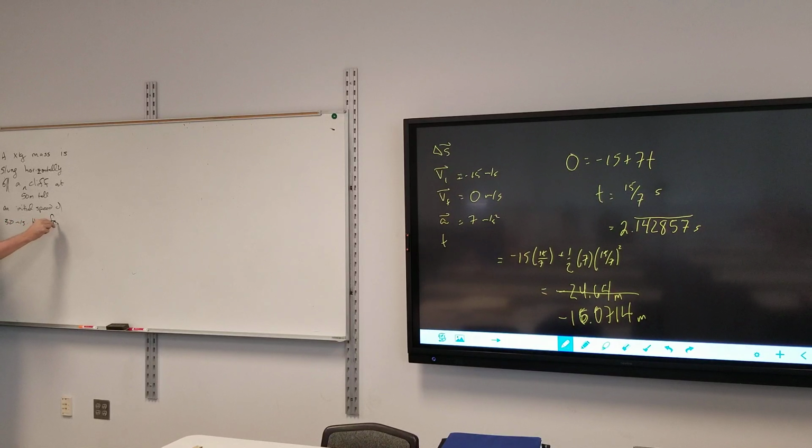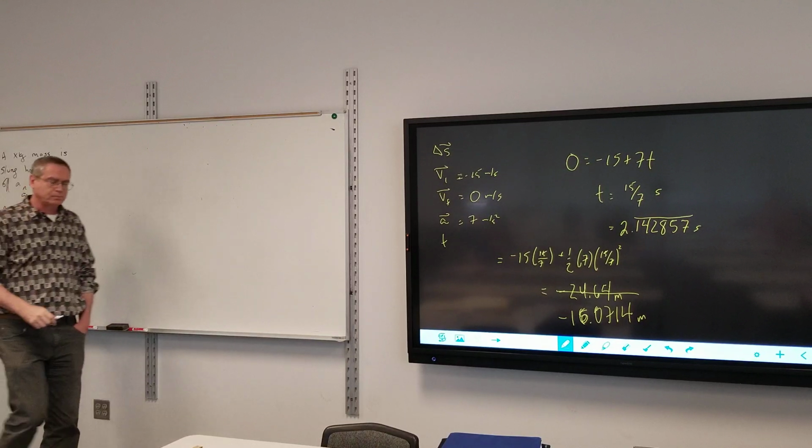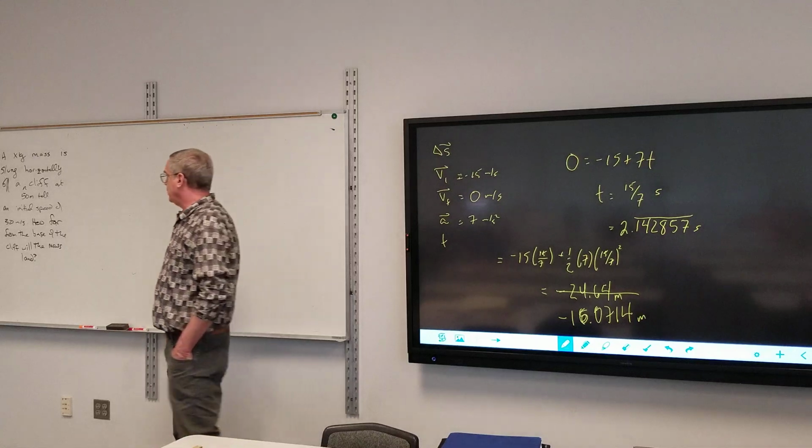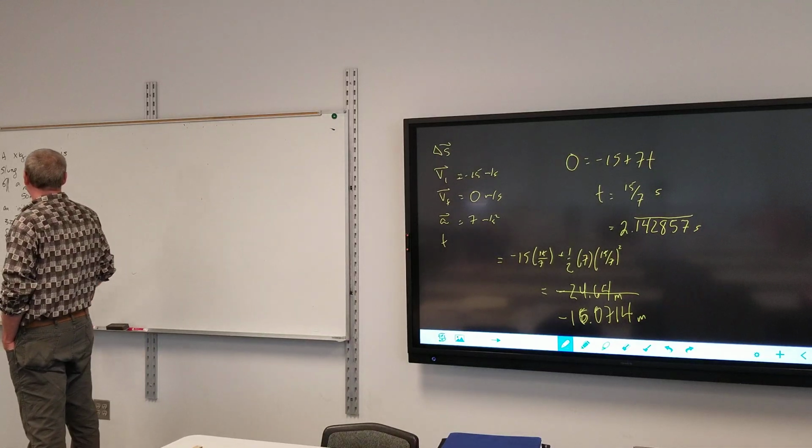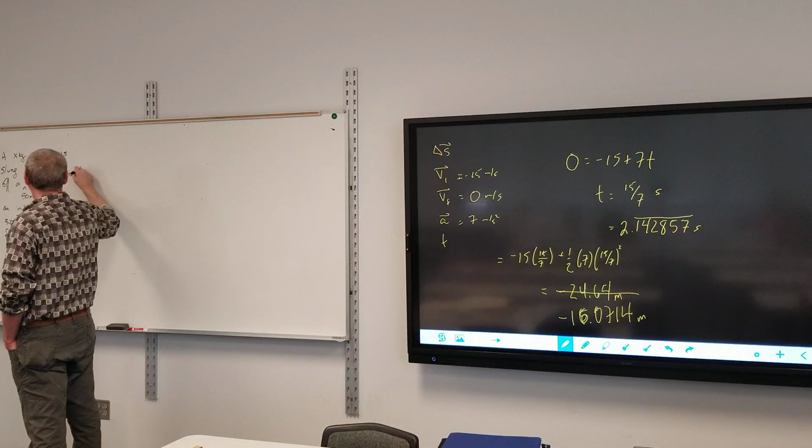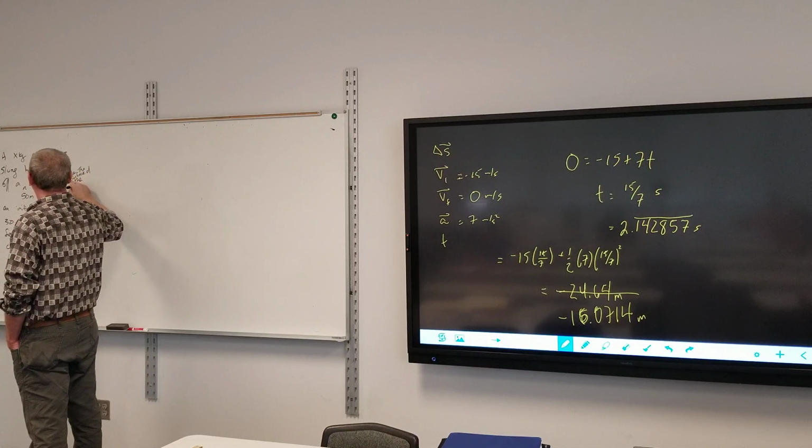How far from the base of the cliff will the mass land? Oh, I do need one other piece of information. A 50-meter tall cliff near the surface of the earth.